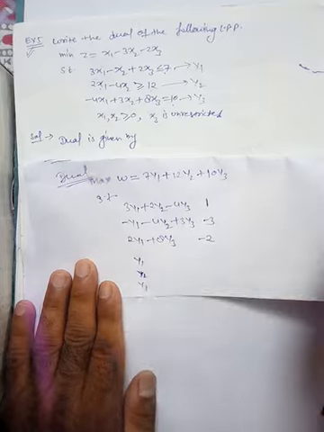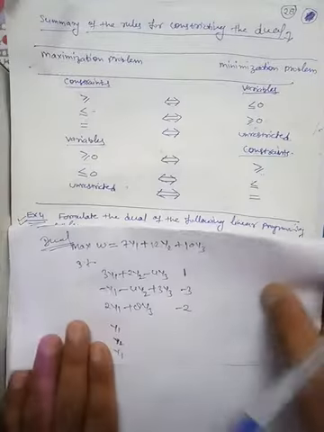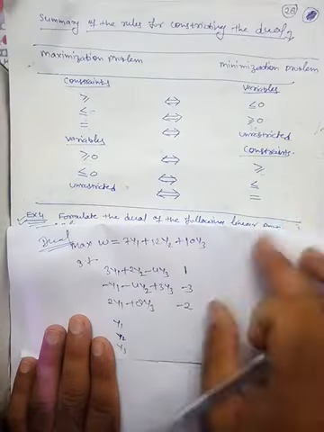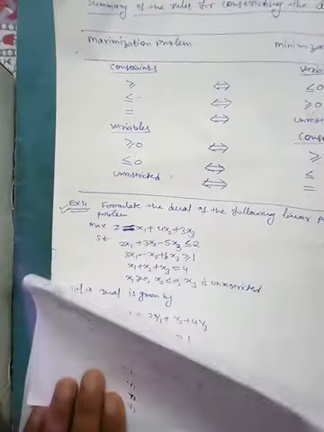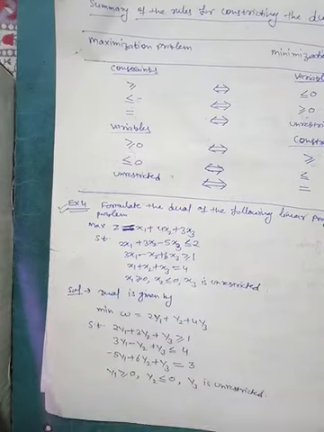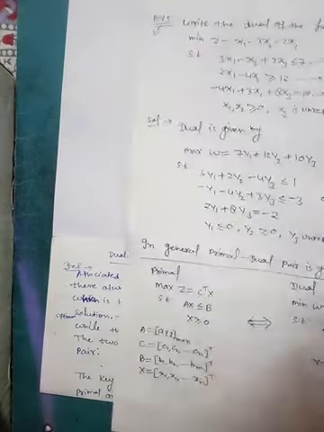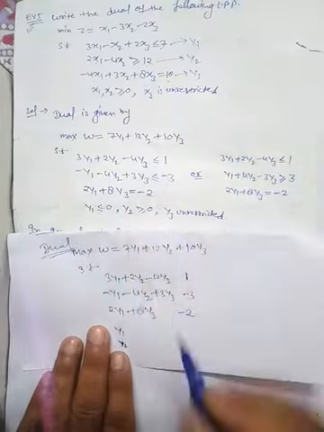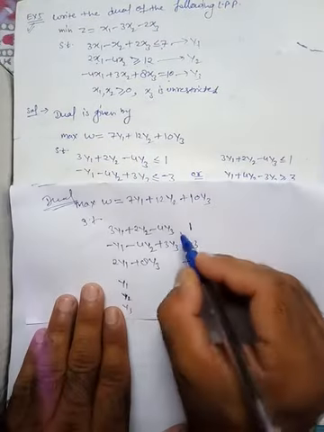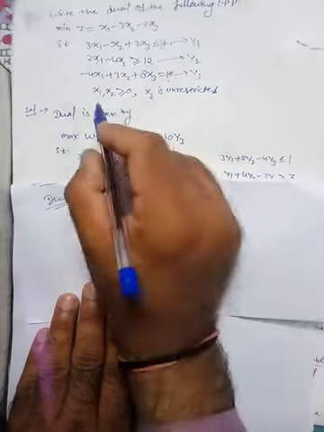Now we will use the table. To use this, first we will decide the sign of these constraints, and they are decided by the variables.